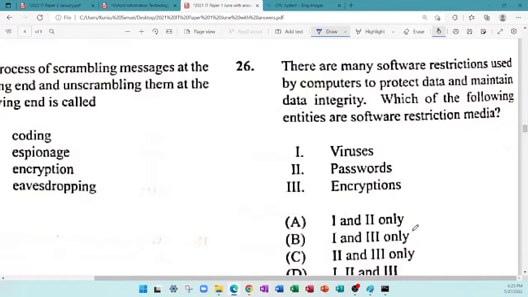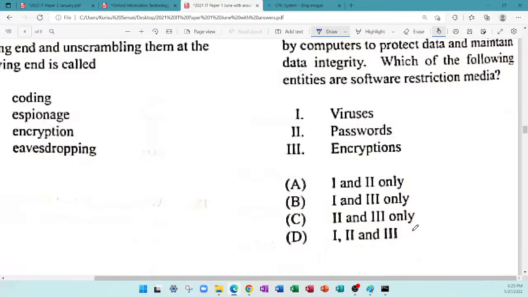26. There are many software restrictions used by computers to protect data and maintain data integrity. Which of the following entities are software restriction media? Password and encryption. I have a question. Why can't it be viruses?